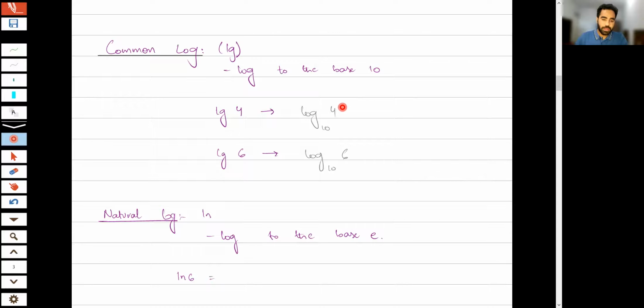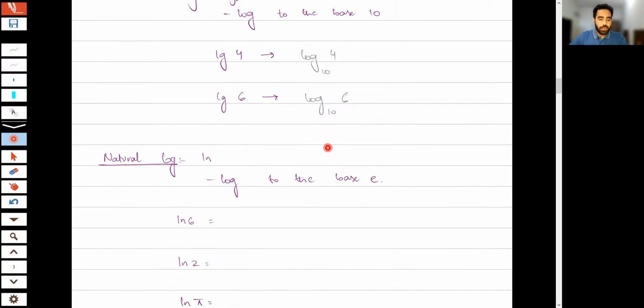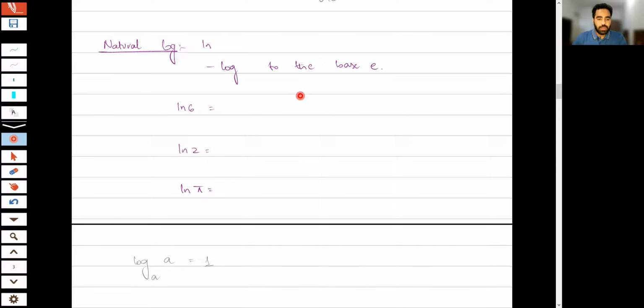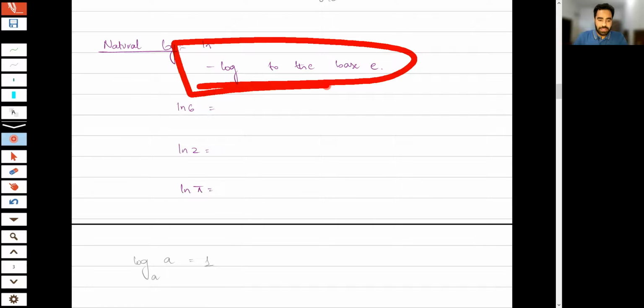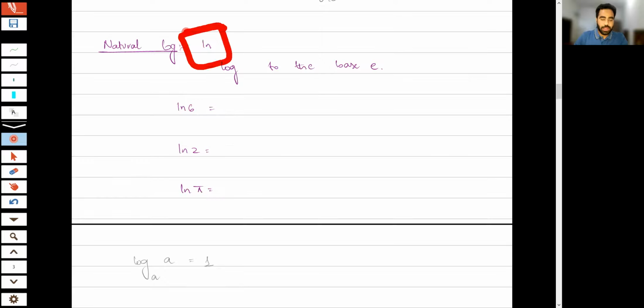You don't need to write it like this in your paper. Okay. Natural log क्या होता है? Natural log is log to the base e, ठीक है, and that is represented by ln. Okay, so if I have ln6, I can write ln6 as log 6 to the base e. If I have ln2, I can write that as log 2 to the base e. If I have ln pi, I can write that as log pi to the base e.